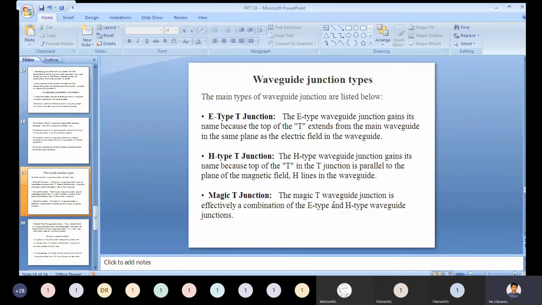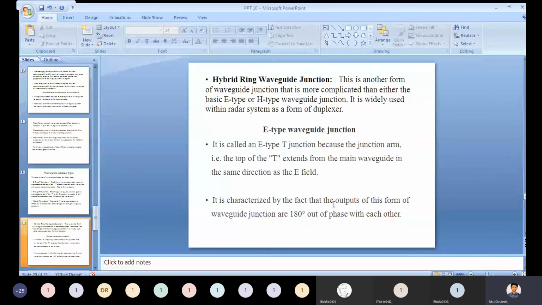Coming to the magic T. The magic T waveguide junction is effectively a combination of the E-type and H-type waveguide junctions. Magic T means the combination of H-type and E-type T junctions. Next, the hybrid ring waveguide junction. This is another form of waveguide junction that is more complicated than either the basic E-type or H-type waveguide junction.